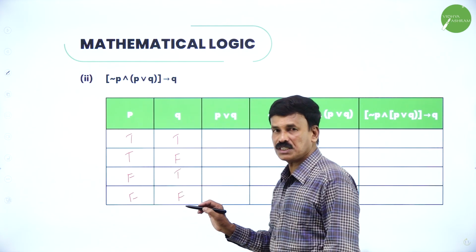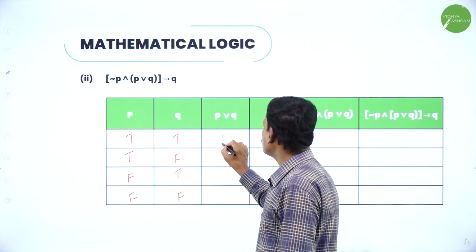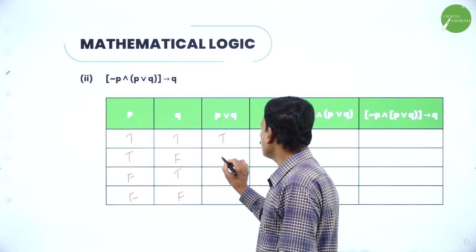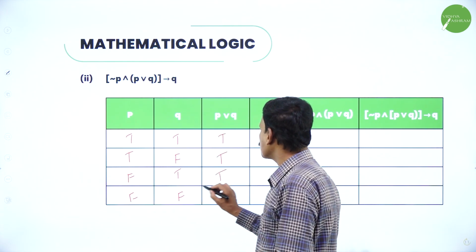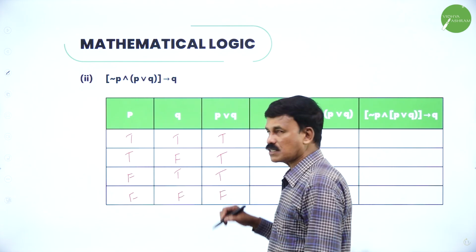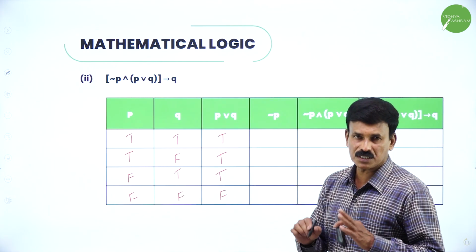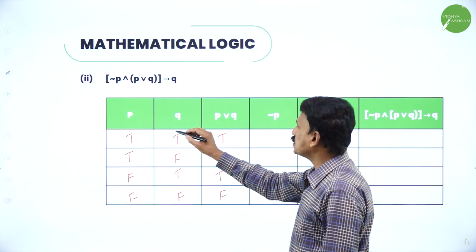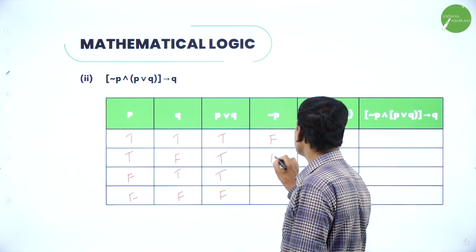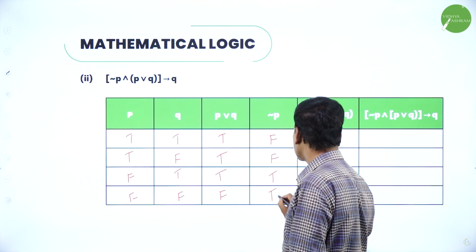Disjunction means true and true is true. True and false is also true. False and true is also true. False and false is false. Now, negation of P: true is false, true is false, false is true, false is true.